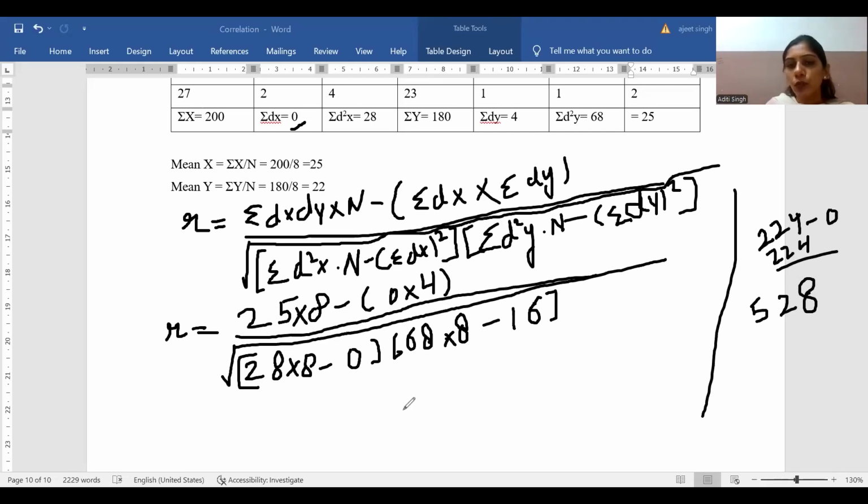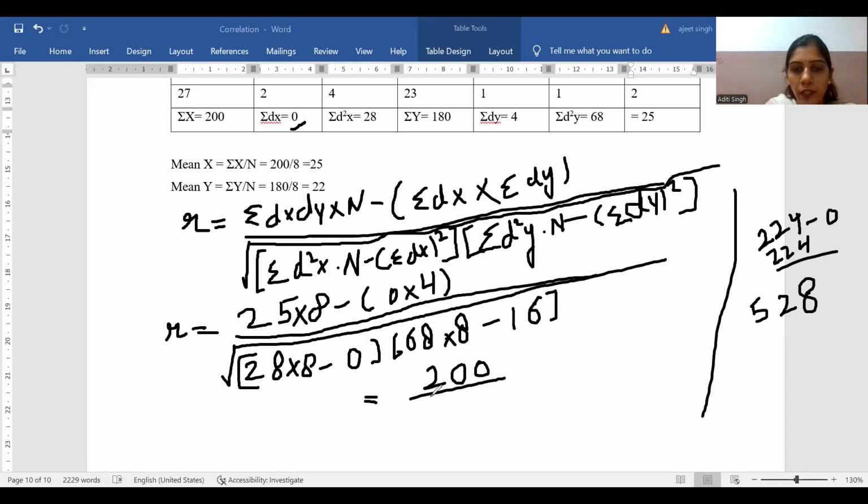So now what we have to do? 25 into 8 minus 0 into 4. So this will become 0. So the upper value will be 200.